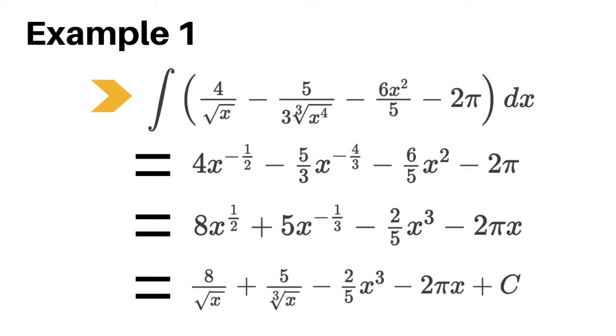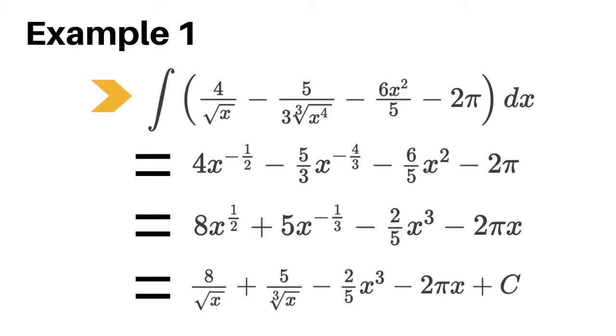Well, the answer would be 8, and that's what we get. The next variable has an exponent of negative 4/3. We add 1, that becomes a negative third. Then the negative 5/3 x is divided by a negative third, and that becomes positive 5x.